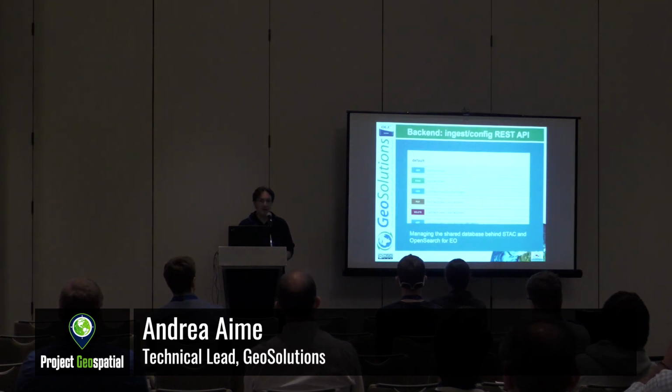There is a REST API to manage the contents of the index database for the catalog, so you can fully automate the management of the index contents. And you can even create image mosaics on the fly based on a collection or a part of a collection, and then publish it as a layer in GeoServer.